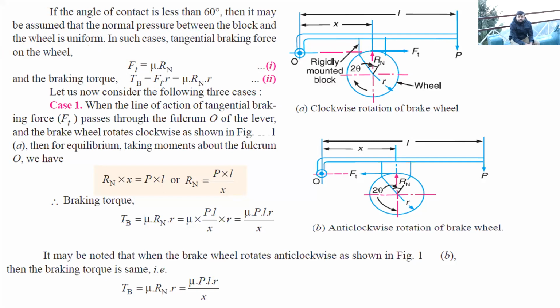We do not have to take other profiles into consideration. We can just assume that there is normal pressure acting between this block and the wheel. In such a case, the tangential force would be mu into Rn. This frictional force is equal to the coefficient of friction multiplied by the normal reaction.